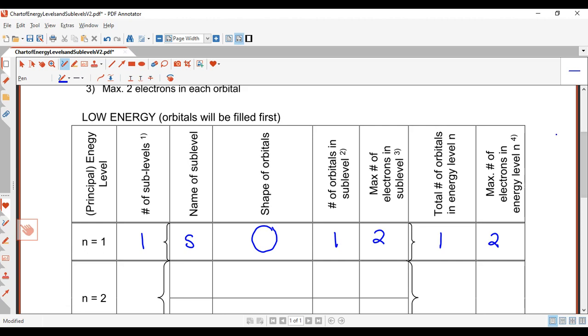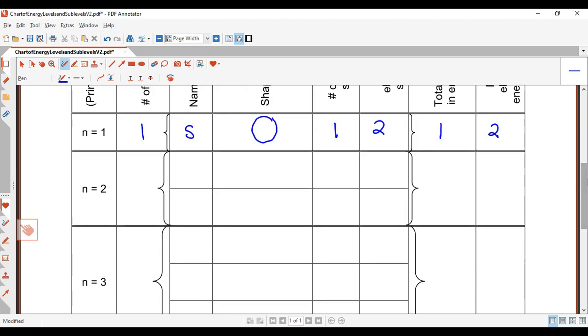With the second energy level, since n is equal to 2, there's 2 possible values for L. So there's going to be 2 sublevels. So there's going to be S and P. So we're going to have a sphere and we're going to have a dumbbell.